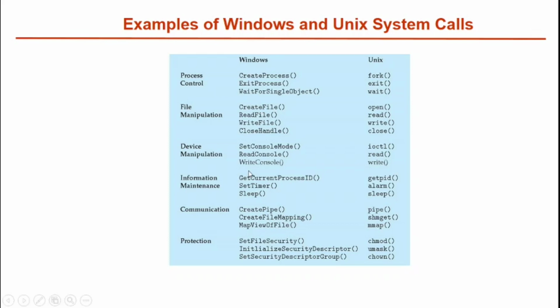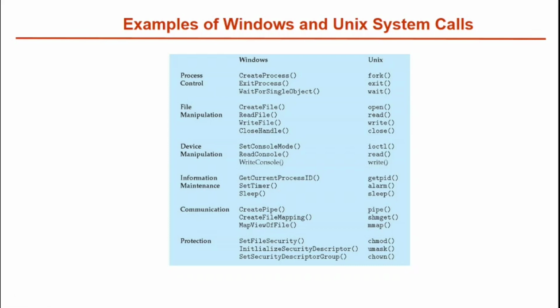So in Windows, to get a process ID, they use the command GetCurrentProcessId, and here getpid. For timer, they use SetTimer, and they set an alarm. For sleep, Windows uses Sleep, but you can see here that Windows is case sensitive, and there is no case sensitivity in Unix, so there are small letters. For file management, to create a file you use CreateFile, and to create a file in Unix you use the open command.